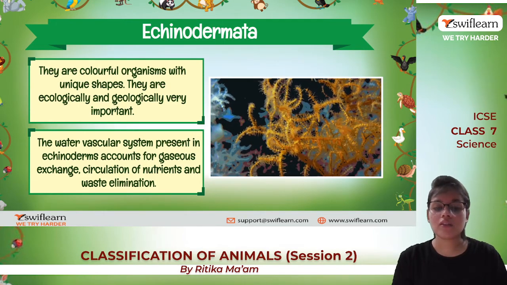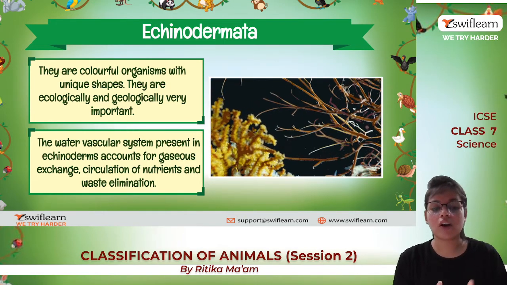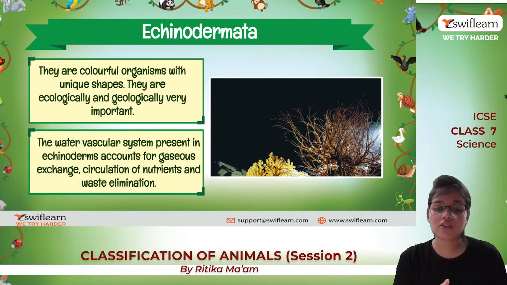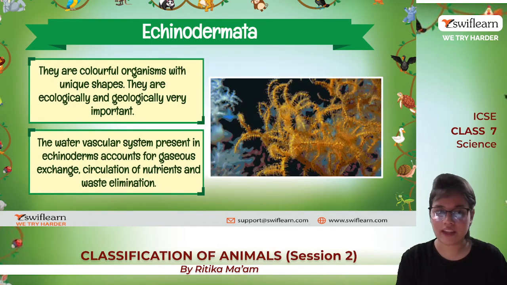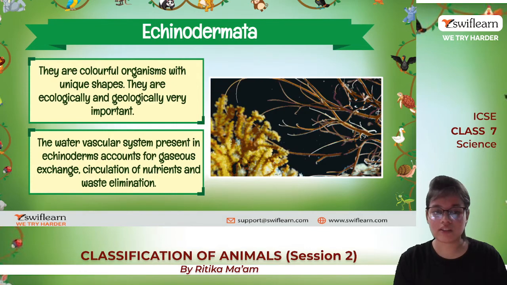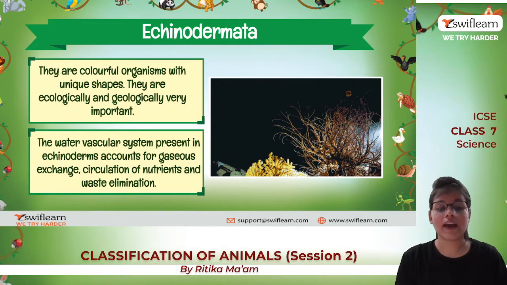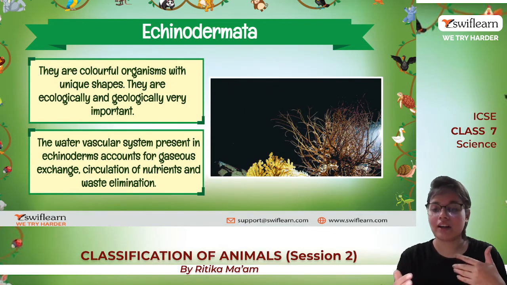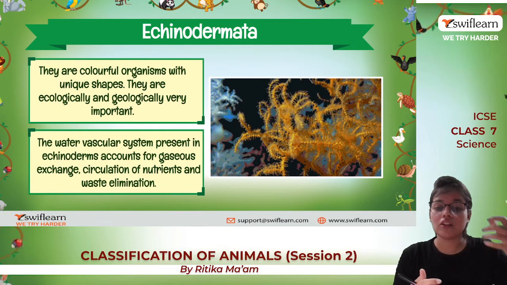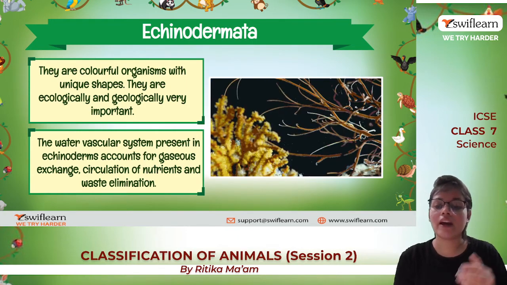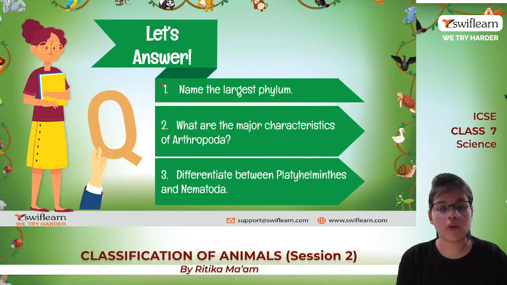The water vascular system present in echinoderms accounts for gaseous exchange, circulation of nutrients, and waste elimination. That is, this water vascular system helps them with gaseous exchange, nutrient circulation in their whole body, and eliminating waste from their body.